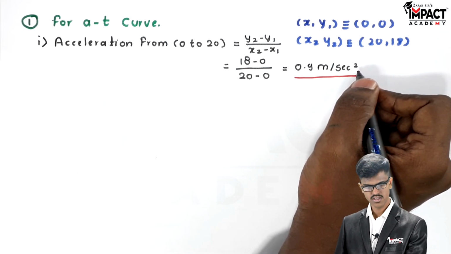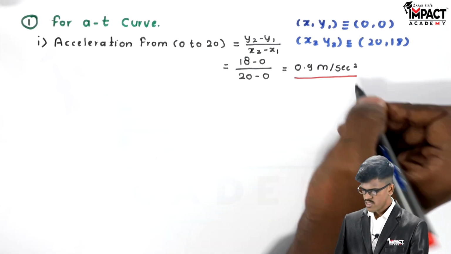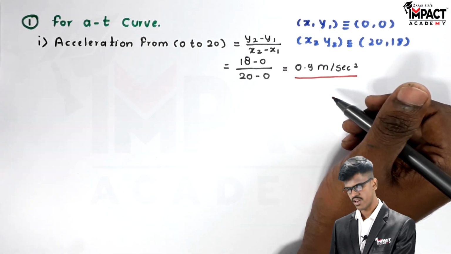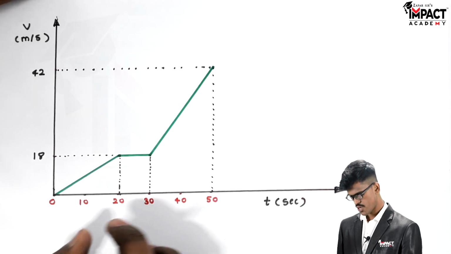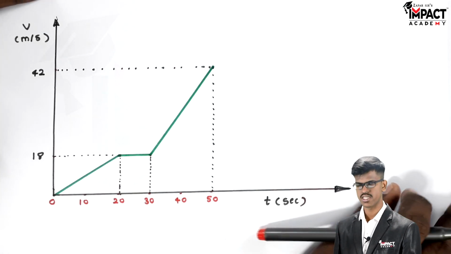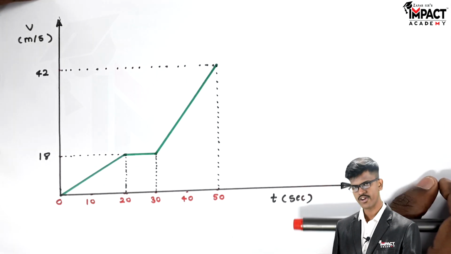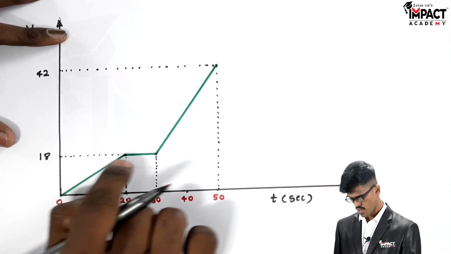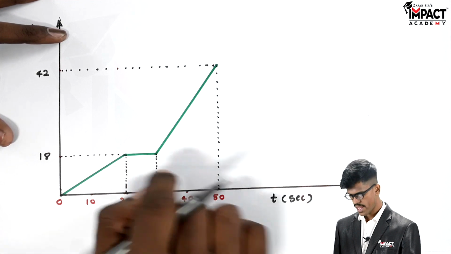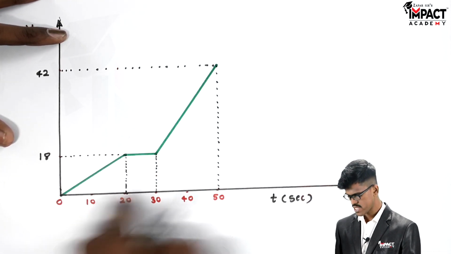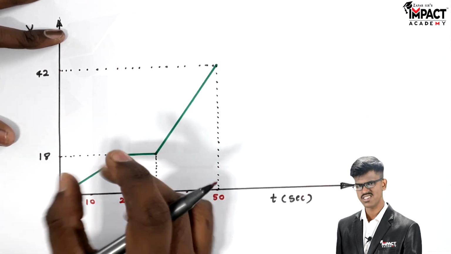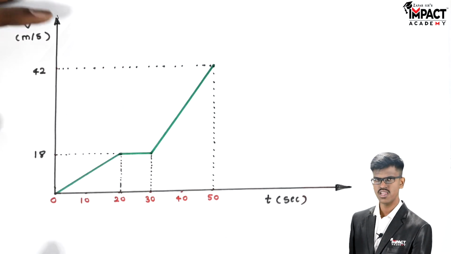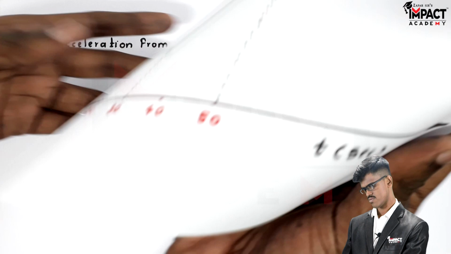Now next we find the acceleration between 20 to 30 seconds. Here the velocity is constant, and a line parallel to the x-axis has slope equal to 0, which means the acceleration of the particle is 0.